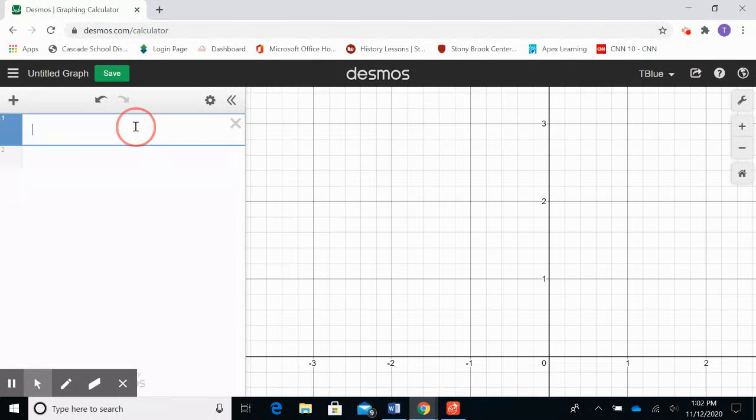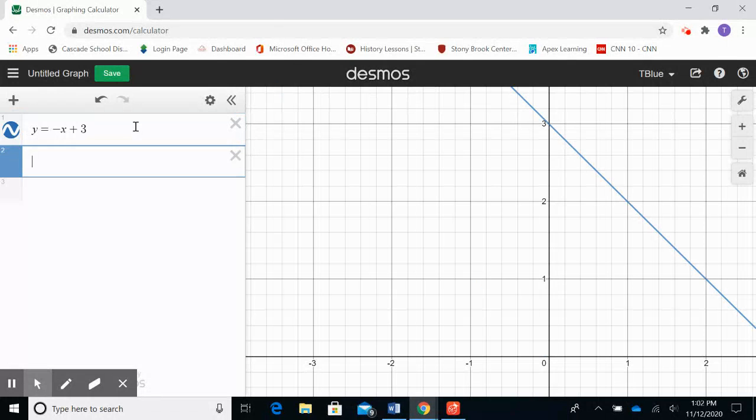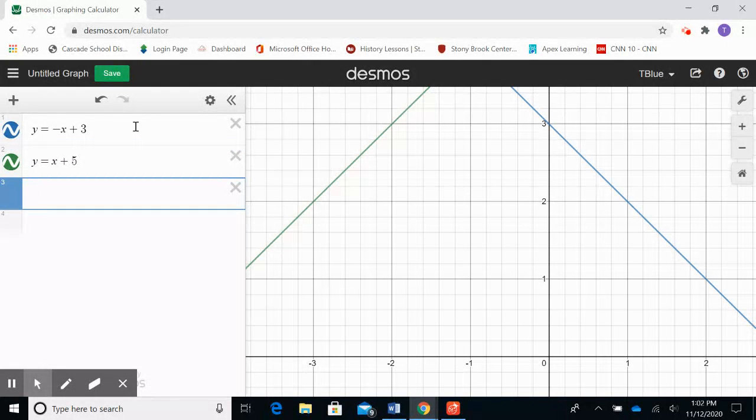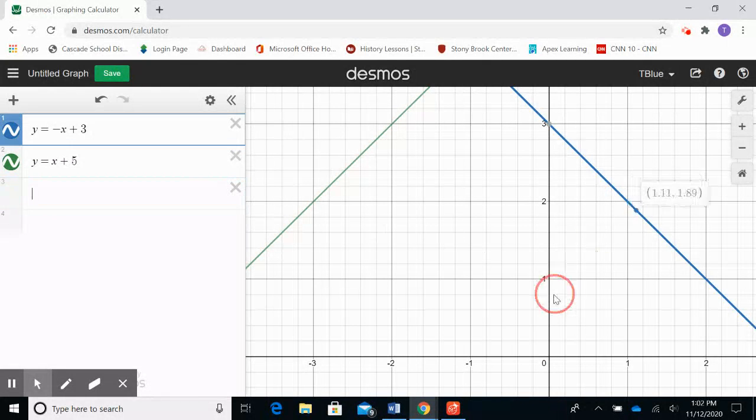So those didn't work, we checked them. I have y equals negative x plus 3, and we have y equals x plus 5. So, where do those lines cross?